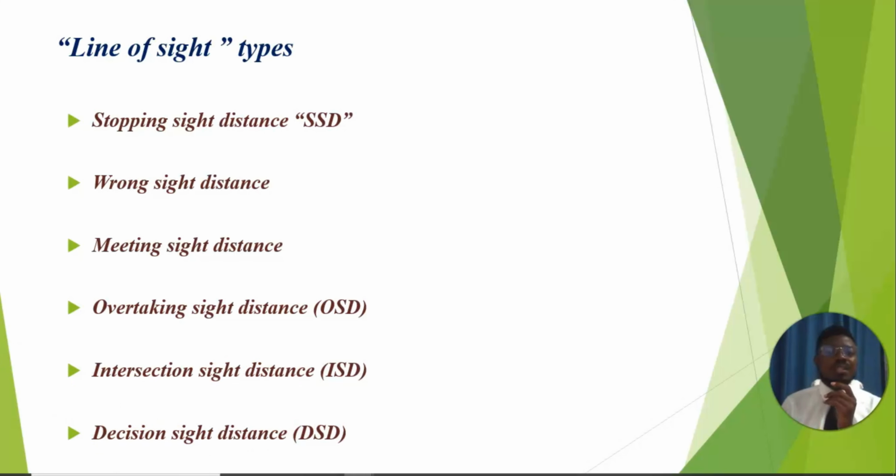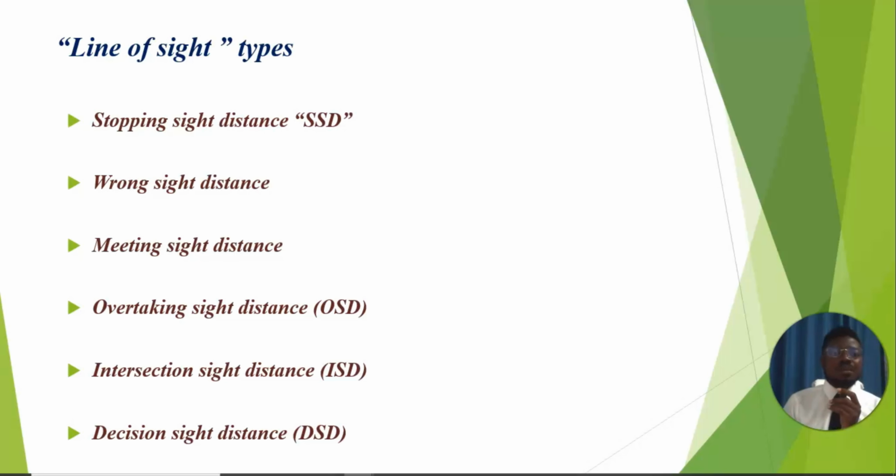Taking a look at the first one, the stopping side distance. The stopping side distance is more like the shortest possible distance the driver needs to stop when he finds an obstacle he cannot bypass. So the shortest possible distance between the driver and the obstacle is what we call the stopping side distance. And we know from cases, if the stopping side distance is being avoided, or it is too close, that is when it leads to a form of collision.